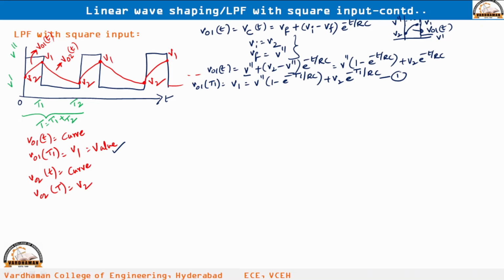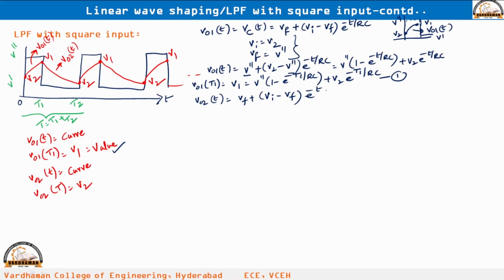Now, similarly you write the equation for V2 of t. So, V2 of t is also the capacitor voltage. Again I am taking the basic general equation, that is V final plus V initial minus V final into e power minus t by RC.